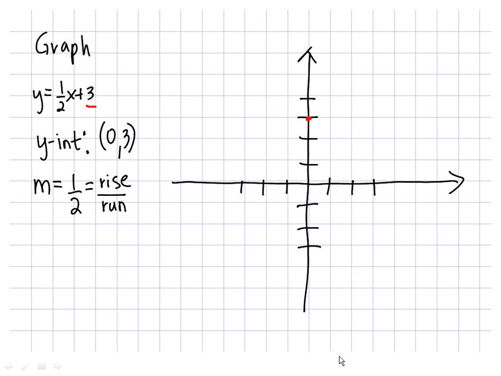Rise 1. And you will go over 2. Because it says in the denominator 2. Run 2. So again, let me attempt to put a straight line through here. And don't forget to put arrows at the end.